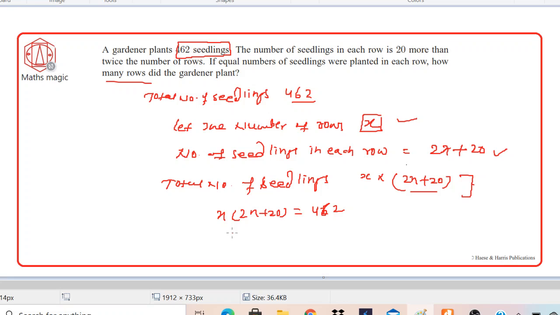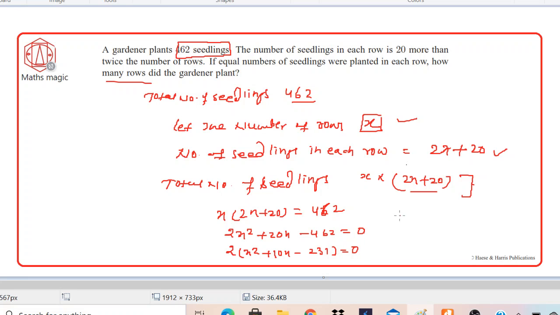We can simplify this. It's going to be 2x square plus 20x minus 462 is equal to 0, and you can see 2 is common throughout, so you can remove 2. So it's going to be x square plus 10x minus 231 is equal to 0.